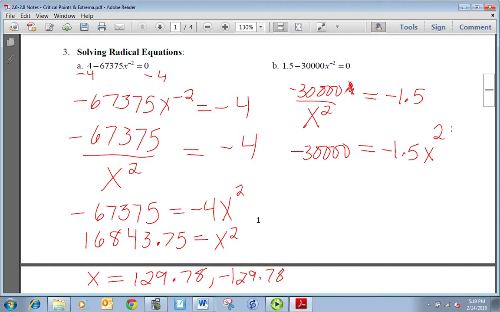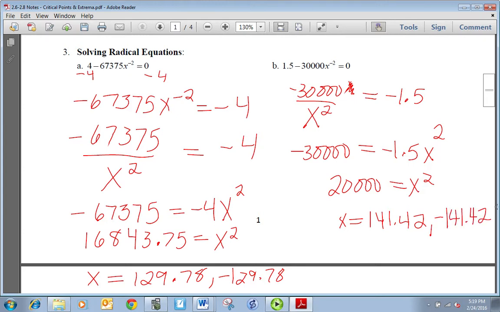Divide by the negative 1.5. And that's a positive 20,000. So taking the square root of 20,000, we're going to get a positive answer of 141.42 and also negative 141.42.